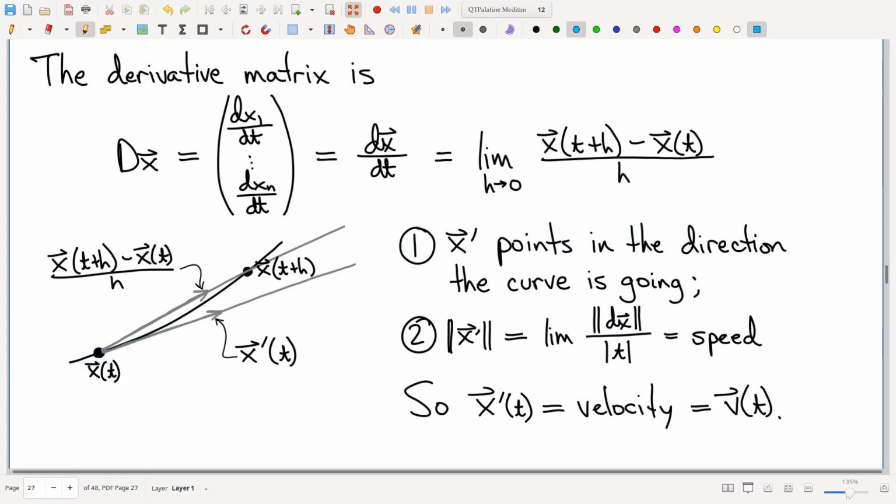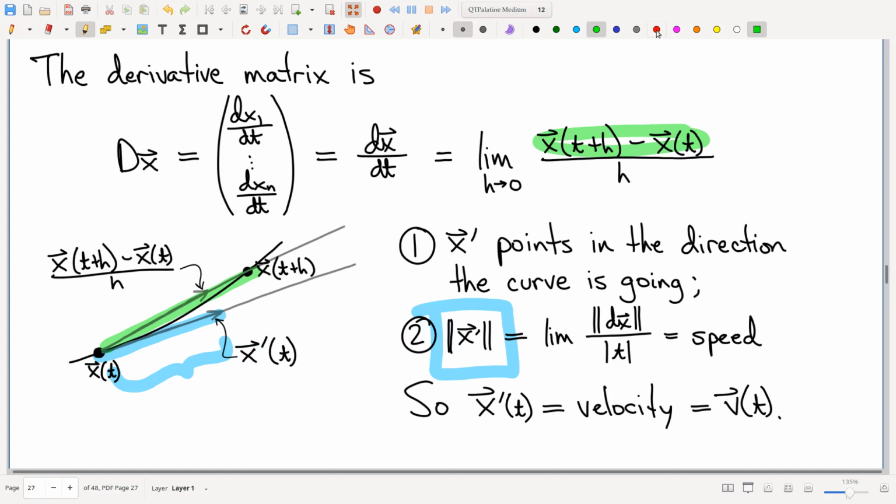Okay, next, what is the magnitude? How long is this derivative vector? The easy way to see this, I think, is that you notice this numerator is basically a distance. Well, it's a displacement vector, but if I'm interested in the magnitude of the velocity, take the magnitude of that numerator, that's a distance.